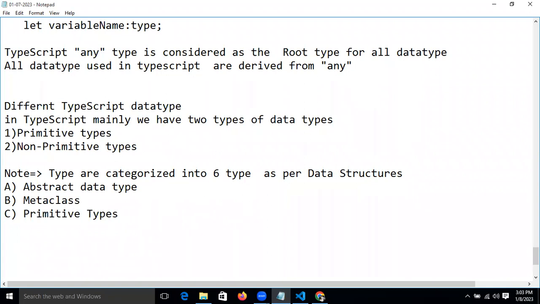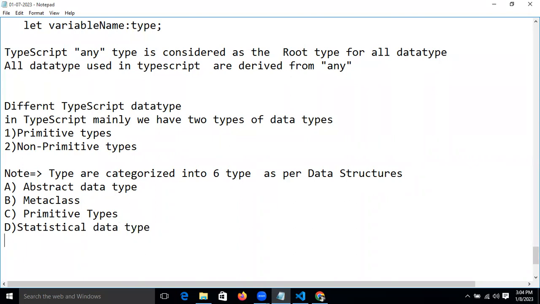Fourth one is static type, the statistical data type.